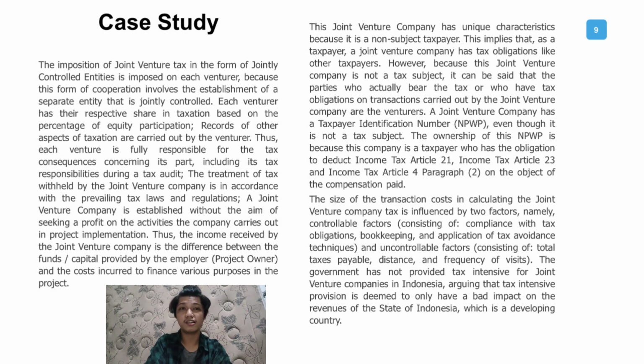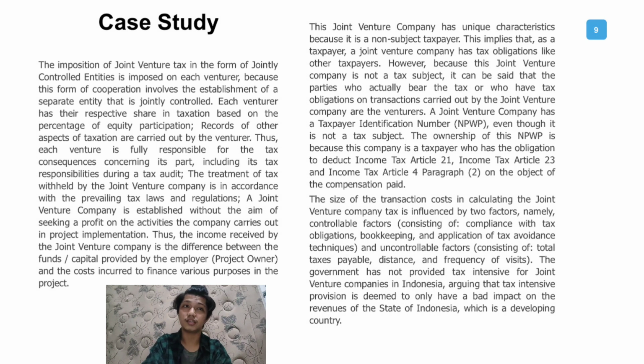Each venturer has their respective share in taxation based on the percentage of equity participation. Records of other aspects of taxation are carried out by the venturer. Thus, each venturer is fully responsible for the tax consequences concerning its part, including its tax responsibility during a tax audit.